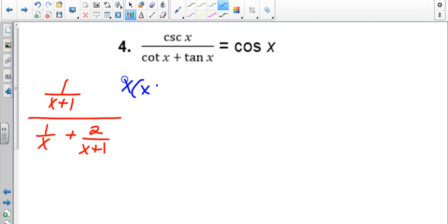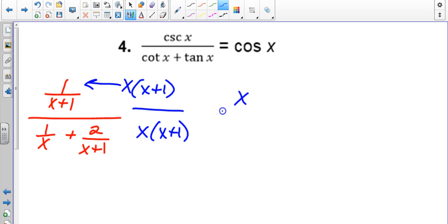X times x plus 1, right? Common denominator has to have all the factors. Okay, look what happens when I multiply this. Remember, it multiplies to the top, right? So the x plus 1 will cancel, and I'll just get x.